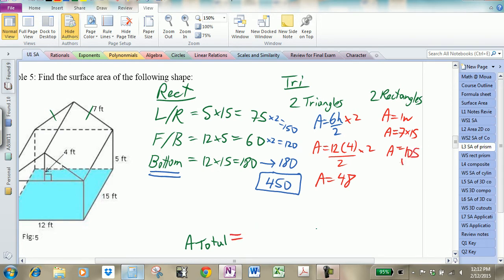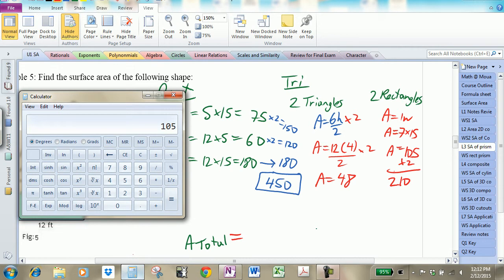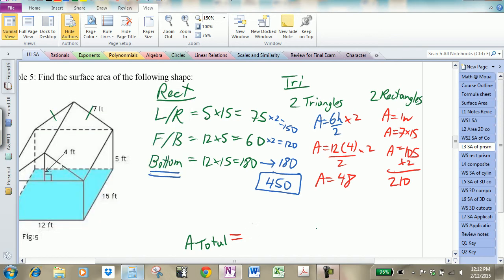Correct, times 2, thank you. 210. So total, add them up, 210 plus 48 plus 450, 708. Hands up if you got that one right. Good, good. Okay, and that's going to be feet squared. Okay.